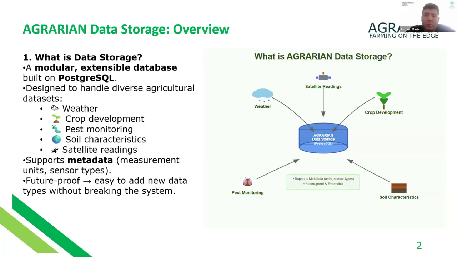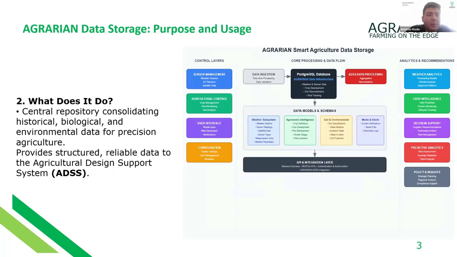Now, the most important thing is that we tried to make the data storage future-proof, which allows us to add new data types as agriculture technology evolves, without breaking the existing functionality of it. Now we're going to discuss what the purpose is and what it does for agrarian.